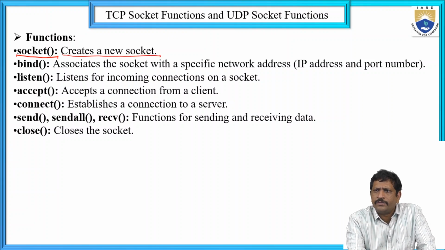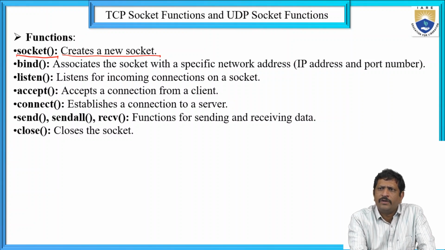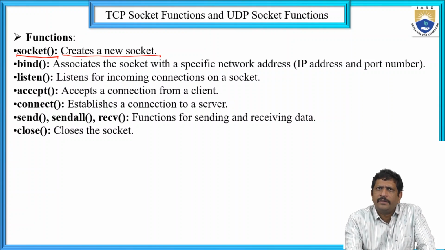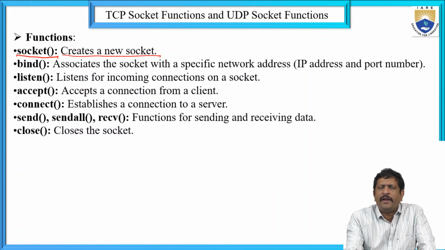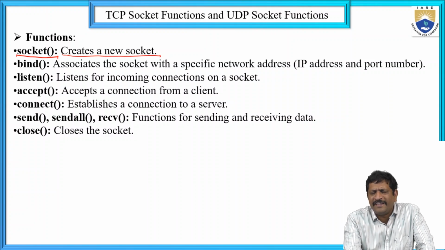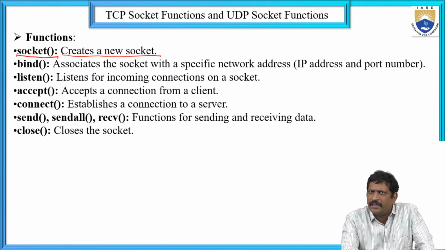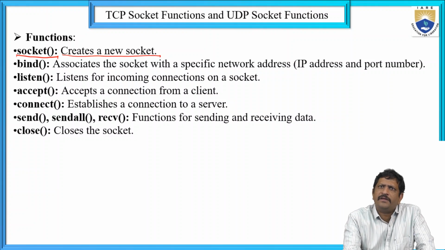We can create the new socket at the source side and destination side, that is, at the client side and at the server side. The client side socket acts by sending the data and receiving the response. Whatever data is sent to the server, the response is received from the server.